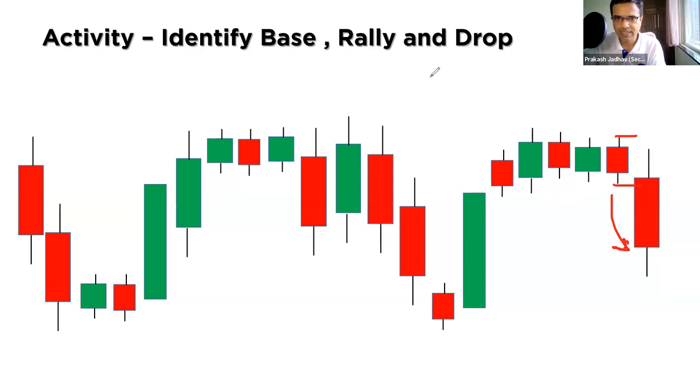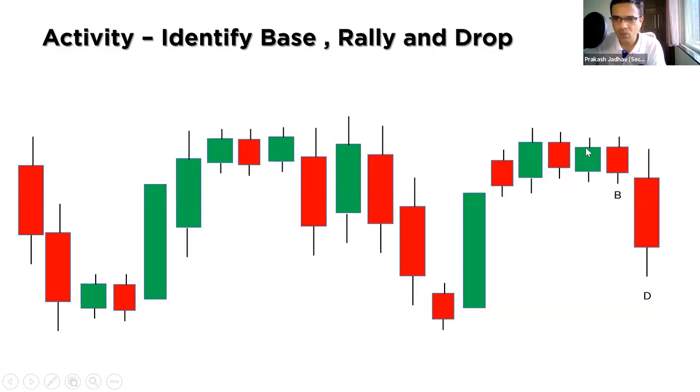So this candle is a drop candle, and I marked it as D. Then let's go to this candle. Now this candle has closed here, which is above the low and obviously below the high. So this is a base candle.